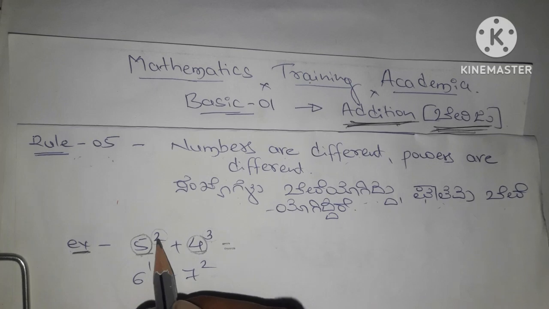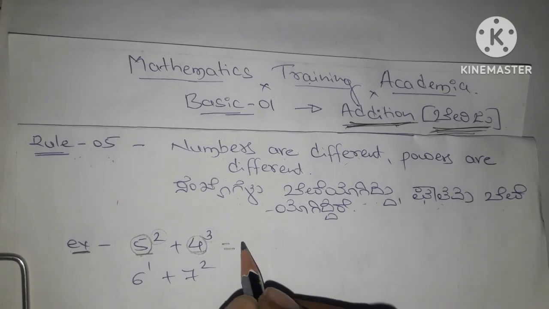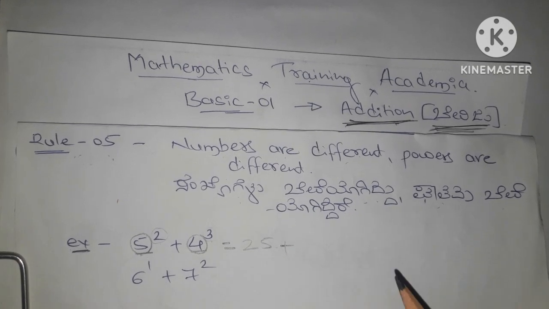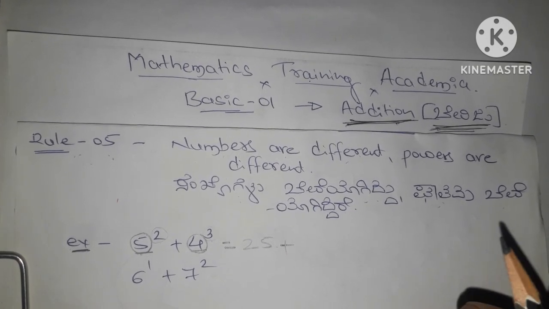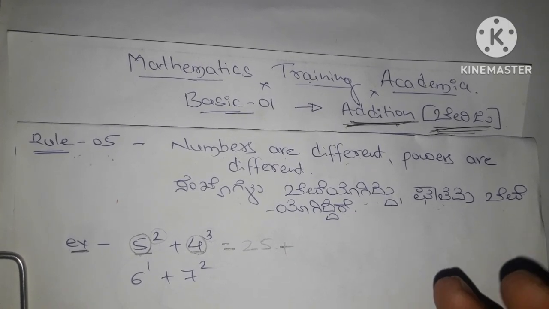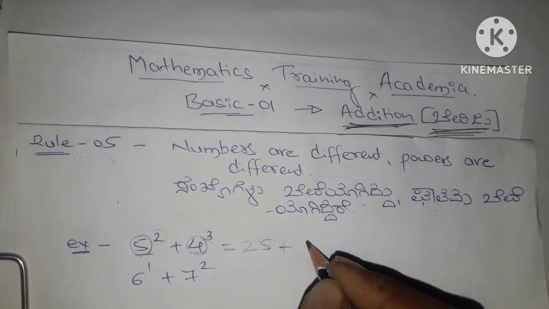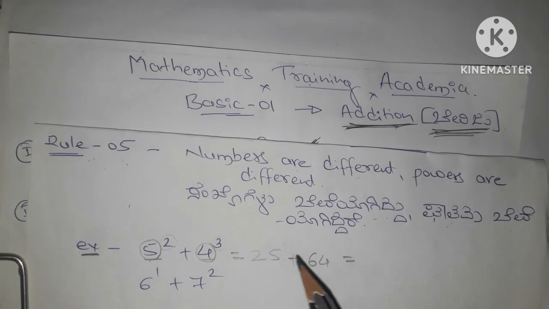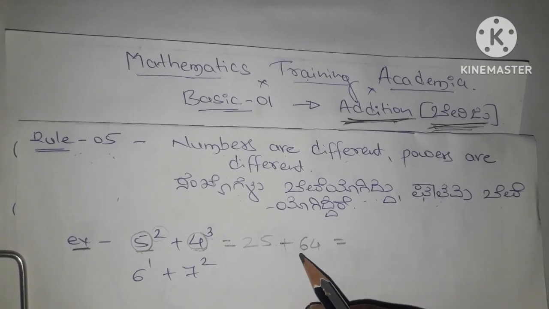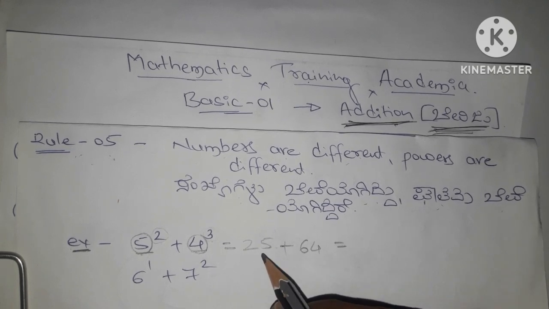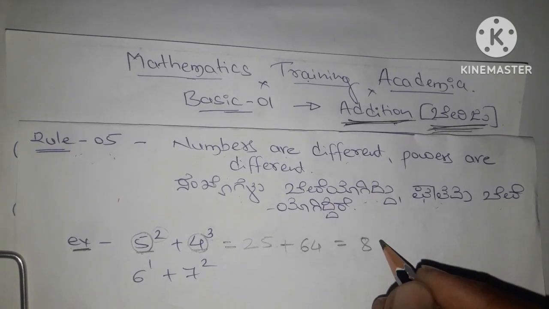What is 5 square? 5 square is nothing but 25. Next, what is 4 cube? 4 cube is nothing but 4 into 4 into 4. 4 into 4 is 16. 16 into 4 is 64. So what is 25 plus 64? 64 plus 5 is 69. 69 plus 20 is 89.